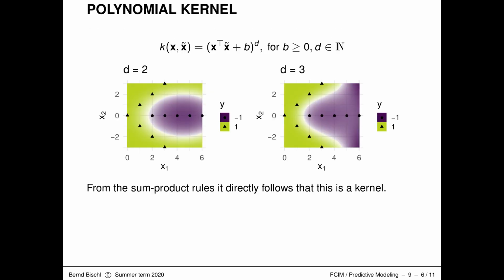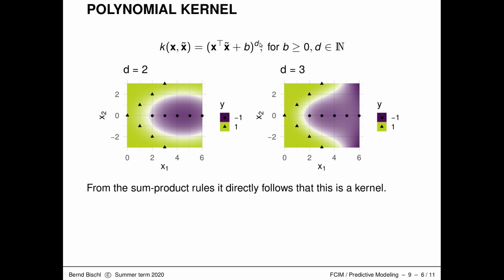And the next, or I should probably say the first interesting kernel we are discussing now is the so-called polynomial kernel, which is of this structure here. So this is x transposed times x tilde plus some non-negative value b, which usually is set to 1, and then this thing to the dth power.